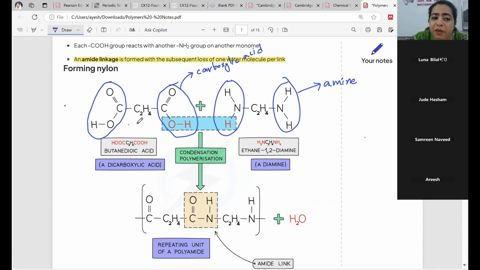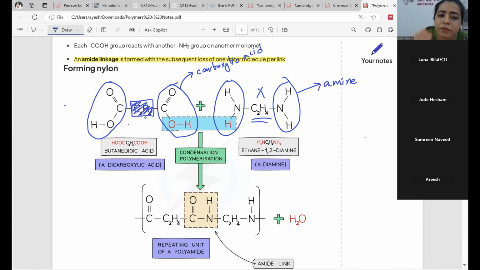This central thing, C2H4, how many carbons and hydrogens are there? We are not concerned with this. We're not even talking about them. In the same way, we are not talking about this C2H4. We don't want to see how many carbons and hydrogens there are. We are just concerned with the functional groups. So what you can do, don't write anything over here. Just write a box, saying that there is something at the center.